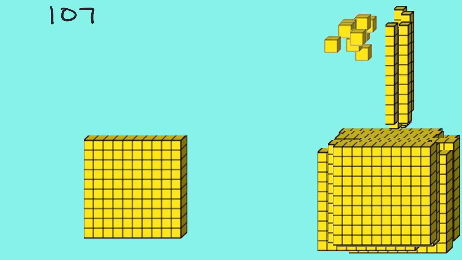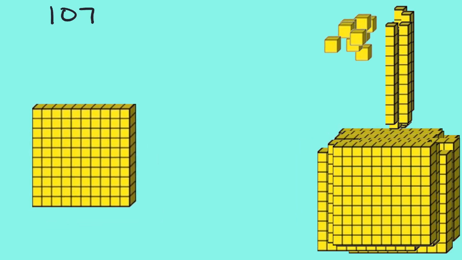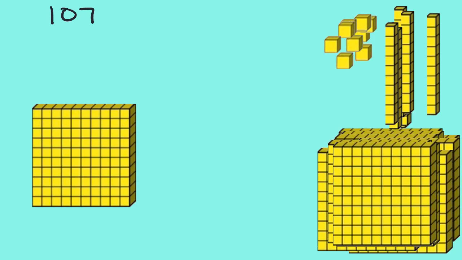Yes, 100. So we know when we're pulling out 107 to represent that with base 10 blocks, we use 100. And then we know this stick is worth how much? Get ready. Yes, 10. So we are going to need 7 of our single squares.